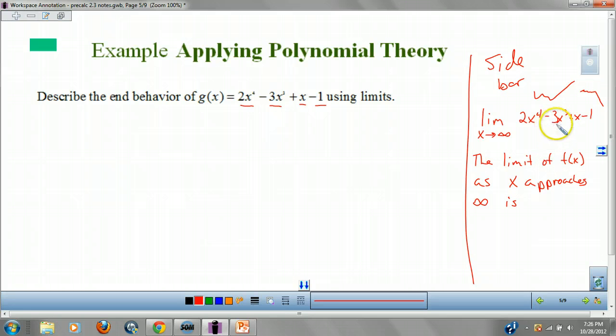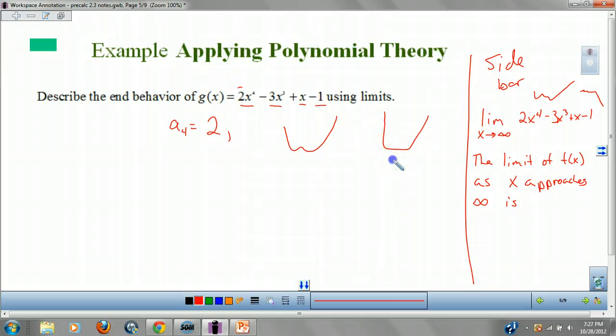One way to find out is we can look at this and say my a sub 4, my leading coefficient, is 2, which means my graph is going to look something like this or like this, right?